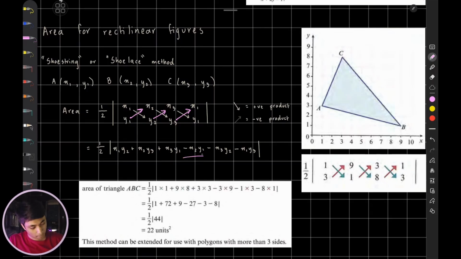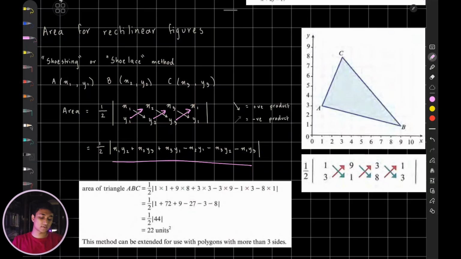So you're going to say minus x2 times y1 minus x3 times y2 minus x1 times y3. So what you have done is first added all the values which were downward right arrows, then you're subtracting all the values which were upward right arrows. Fair enough. Notice, all of this operation is happening inside the modulus function.